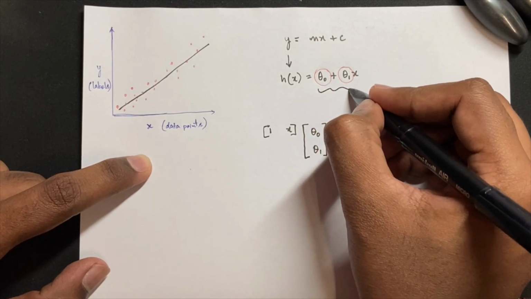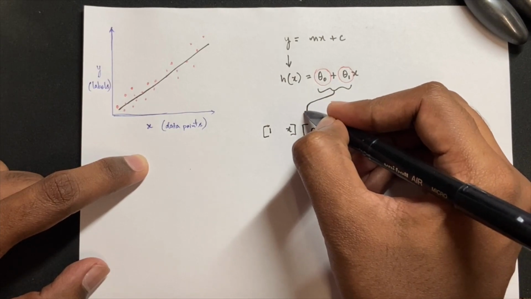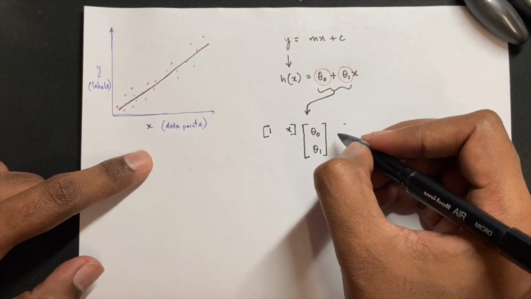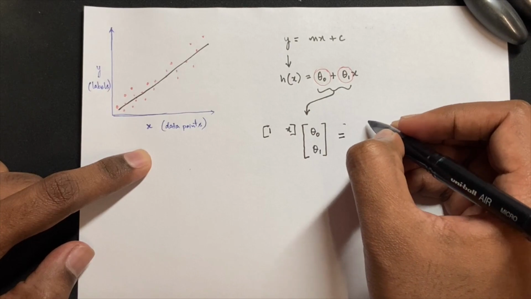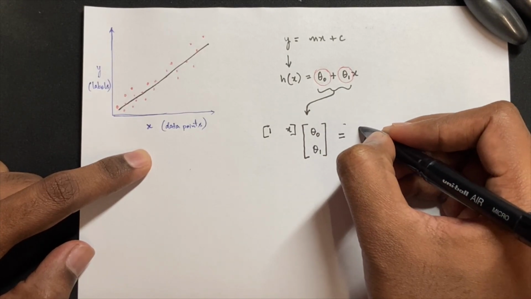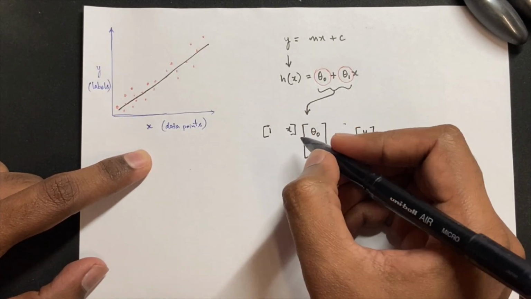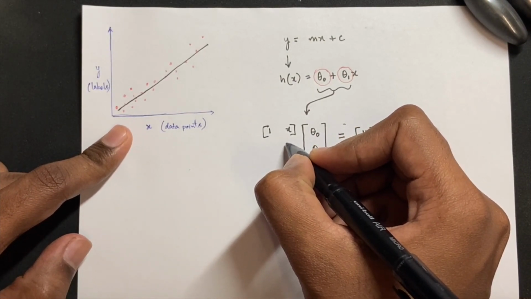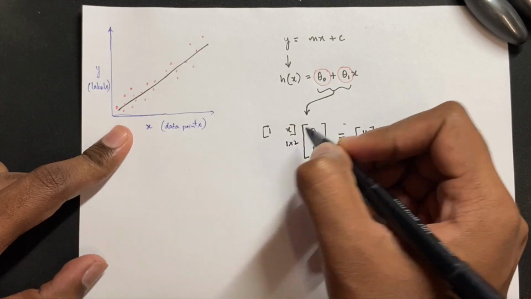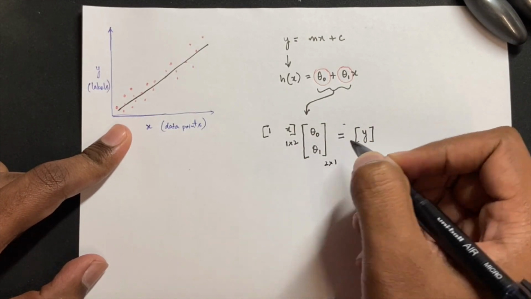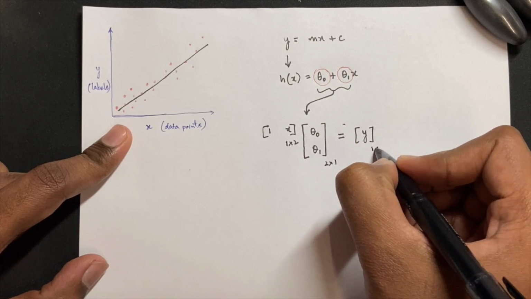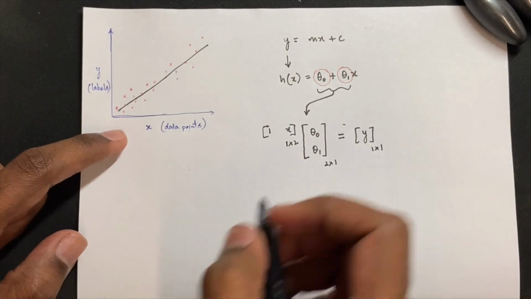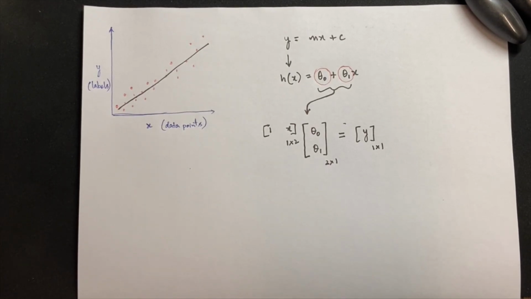So I'm representing this part of the equation as a matrix calculation, and that would give us y. So the size of this matrix is 1 cross 2, and this is 2 cross 1, and this would be 1 cross 1, a single result. This is an example for a single data point or a single training example.